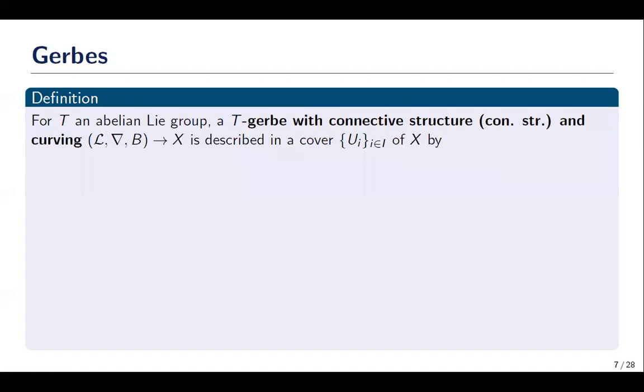So let's begin with the language of gerbes. I'm going to define a gerbe for T, an arbitrary abelian Lie group. And as Severin pointed out, a gerbe is a certain higher differential geometric object, but it can be described very simply in terms of certain cocycle data.